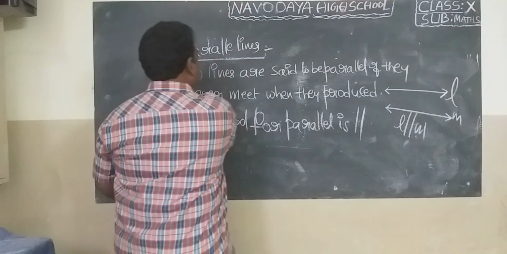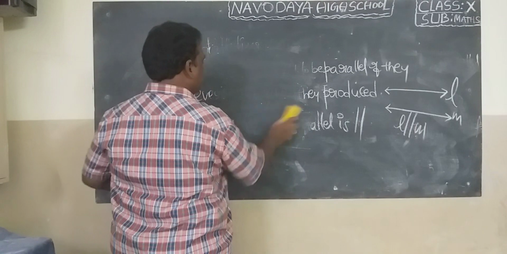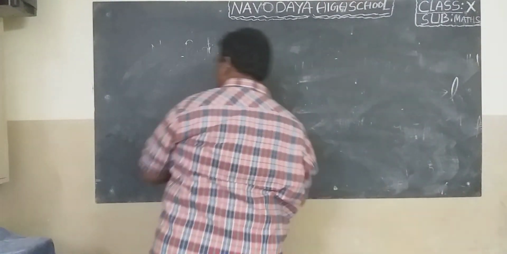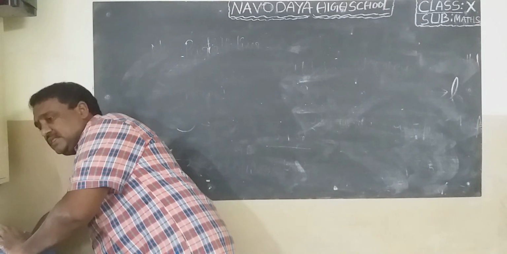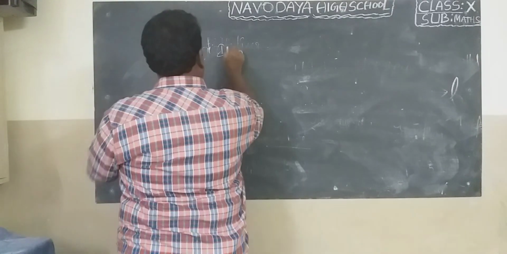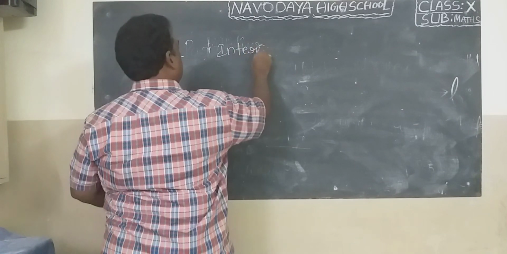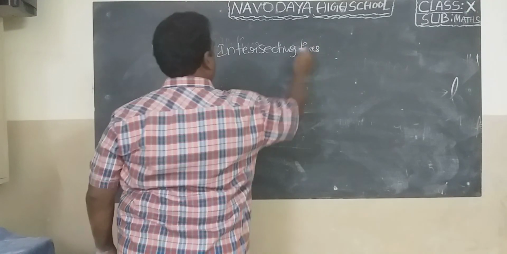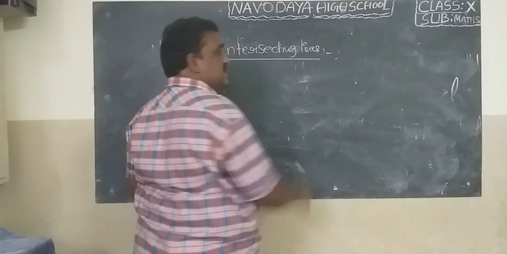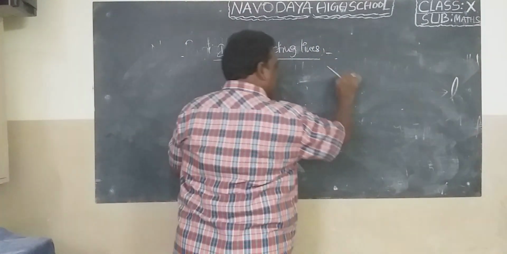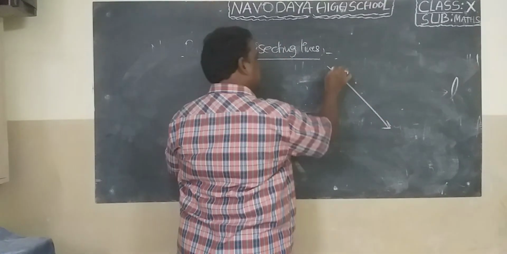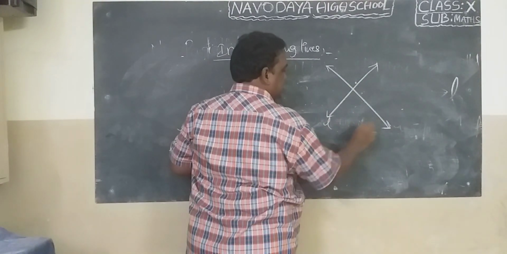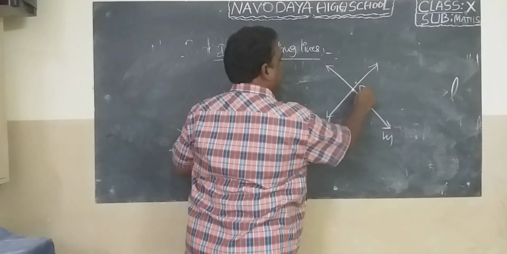And last point, today last point is intersecting lines. So what is intersecting lines? Let us take two lines, exactly two lines meet at one point.